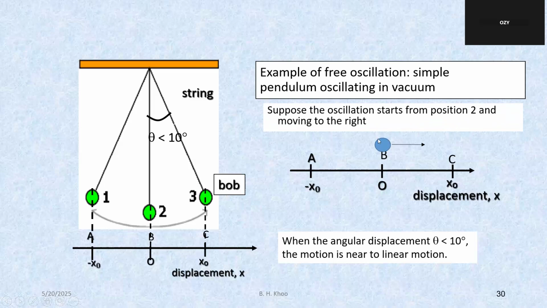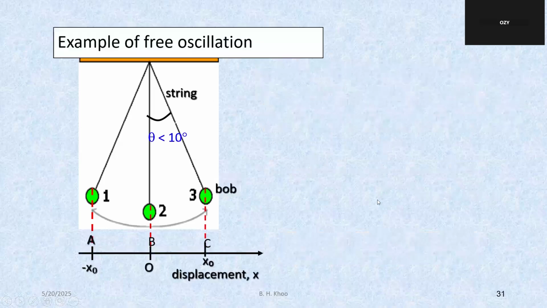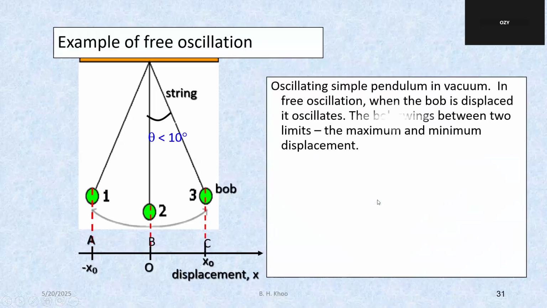You start here, at position 2, and then you move to the right. Oscillating simple pendulum in free oscillation: when the bob is displaced, it oscillates. The bob swings between two limits, 1 and 3, or A and C, to and fro continuously.